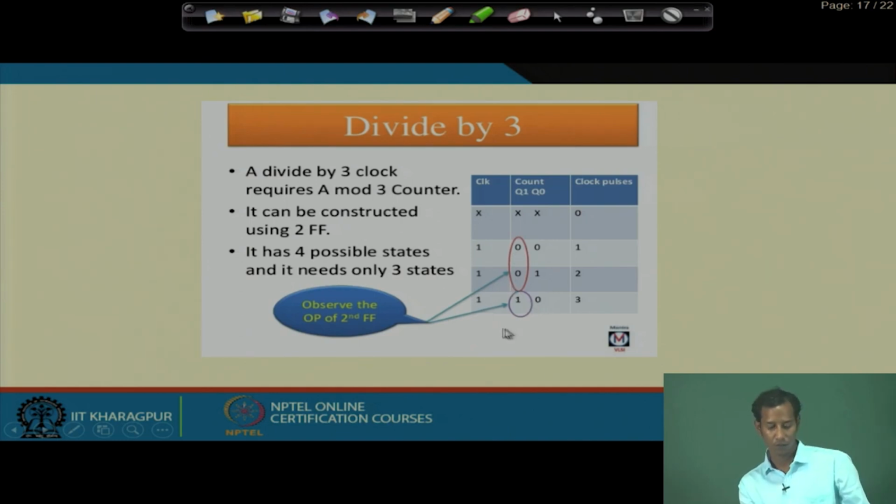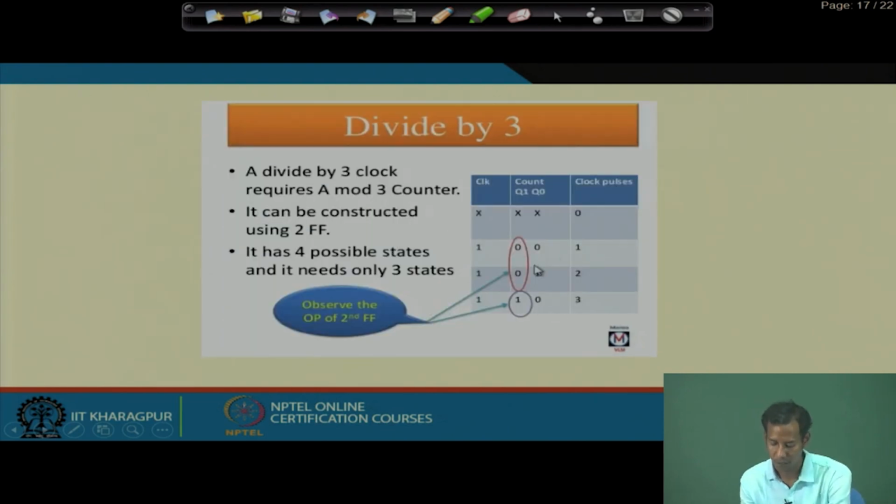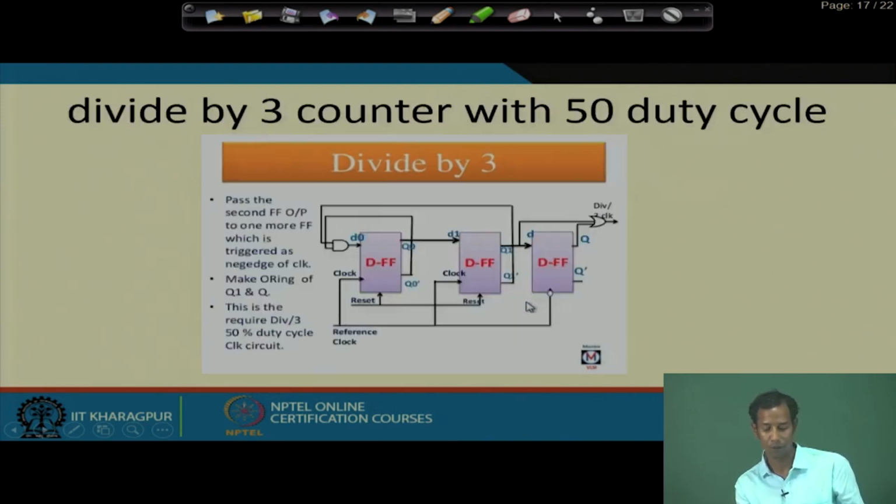Now, observe the output of the second flip flop. For these two cases Q1 is all the time 0 and here it is 1. So, that means this is the terminal count. Now, based on that, if you connect this like so, in the case of mod 2 you have to connect this to here.